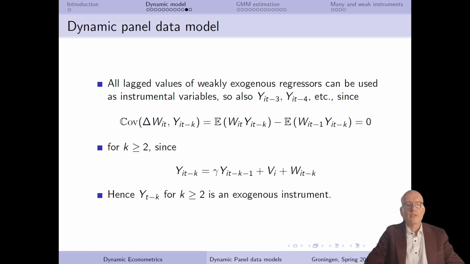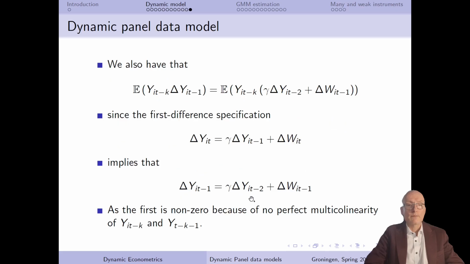But then, of course, it's also uncorrelated to WIT minus, say, 3, WIT minus 4, etc. And that implies that WIT minus 1 is then also uncorrelated to YIT minus K, which implies that both these terms must be equal to 0. And that means that YIT minus K for K larger or equal to 2 is an exogenous instrument.